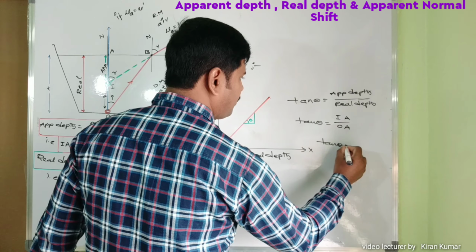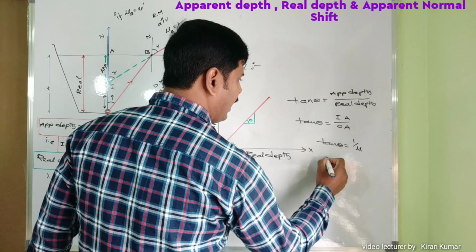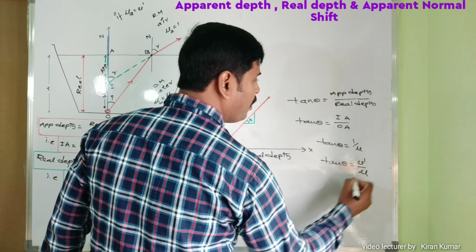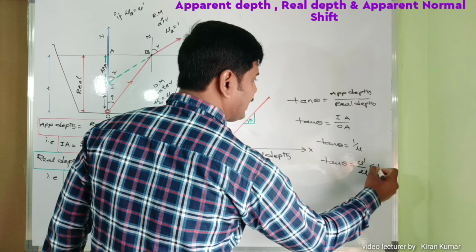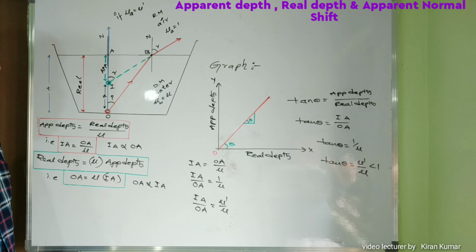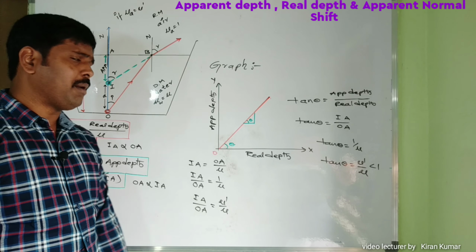Now tan theta is equal to 1 by mu, and tan theta is equal to mu dash by mu. So this is less than or equal to 1. So this is the diagram for the relation between the real depth and the apparent depth. And next application.